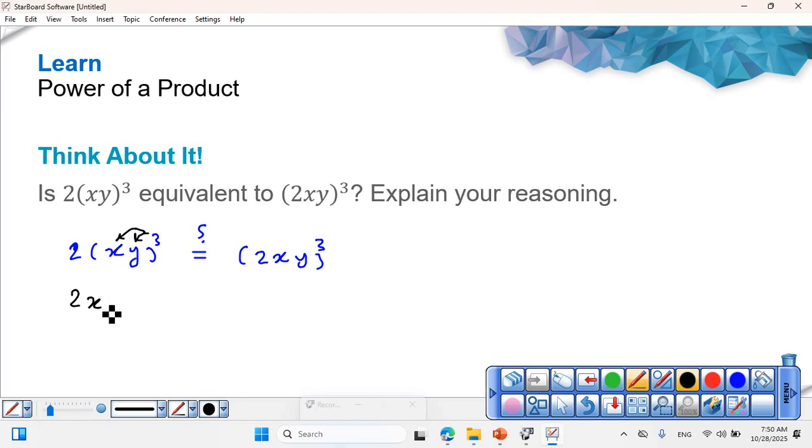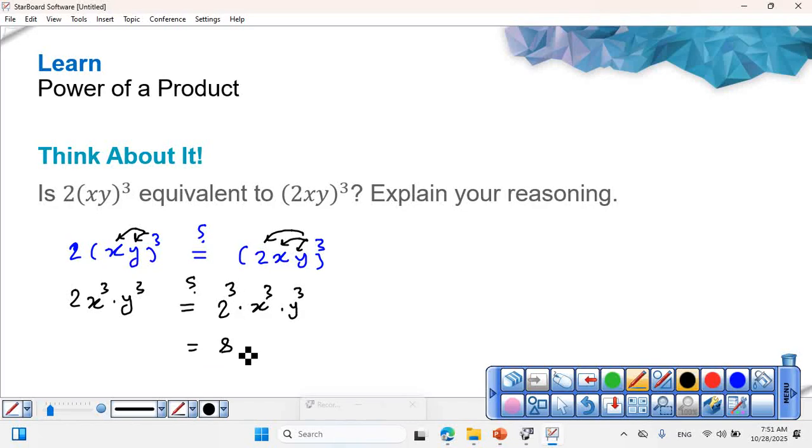Okay, here, 2x to the power 3 times y to the power 3. Let's see. This is also here 3, distribute 3 for each component inside this bracket. As you see, 2 to the power 3 times x to the power 3 times also y to the power 3. The answer here is 2 to the power 3 equals 8.